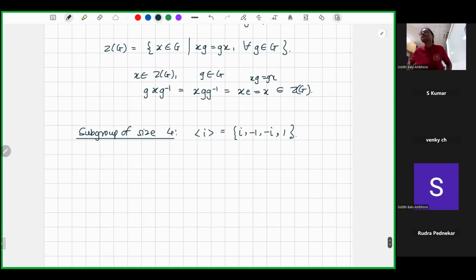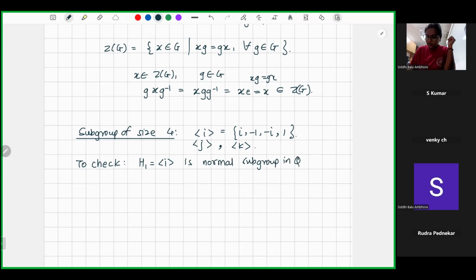So far we know these subgroups of size 4, which are generated by single elements, and so we will only check for these. We have to check whether this, let me call this H1, the subgroup generated by i, is a normal subgroup in Q8 or not.